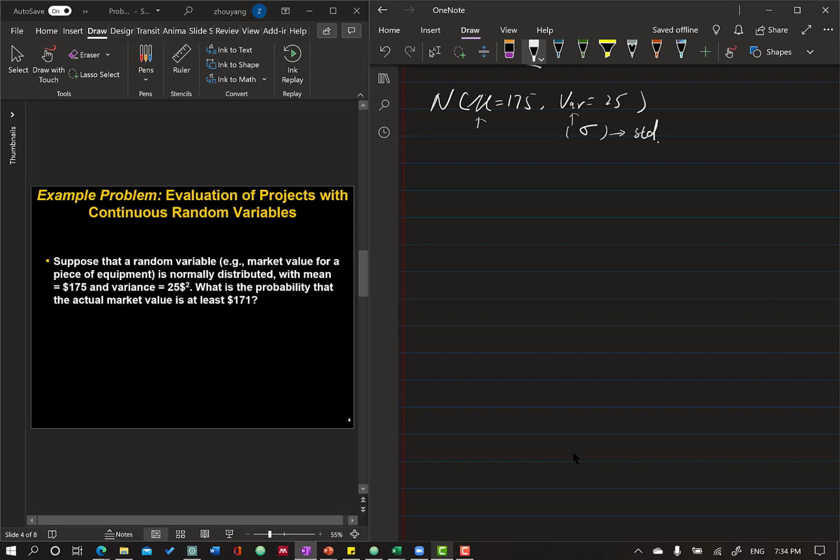To find the probability of the market value being at least 171, we use this formula to find the z statistic, which is x minus the mean, divided by the standard deviation. The x here is the value we are asked about.